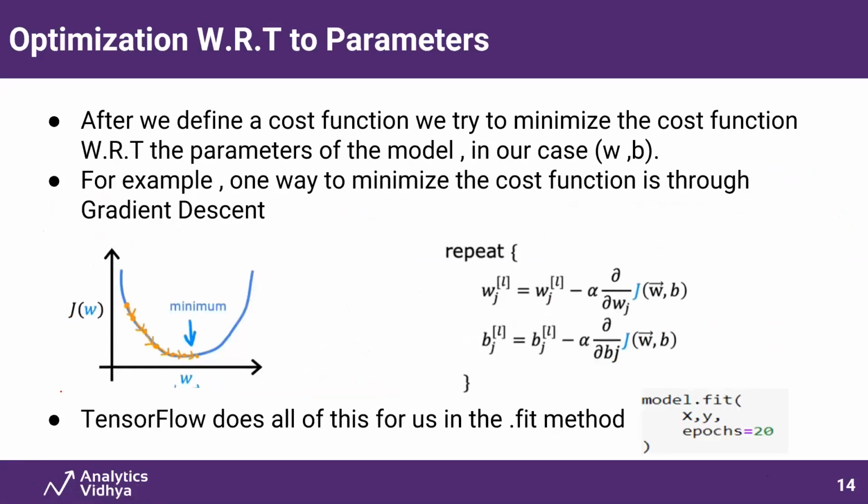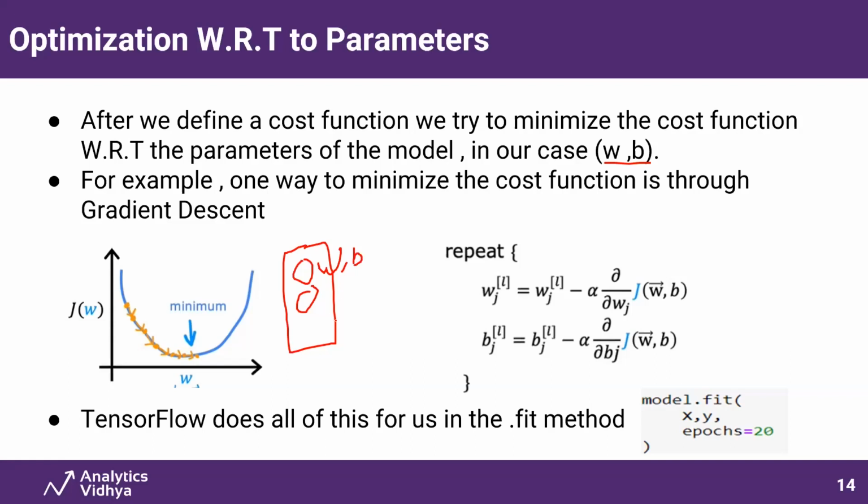Then the third and final step is optimization of the model. We have defined a cost function, and we try to minimize the cost function with respect to the parameters of the model. In our case, the model has parameters W and B. Each layer of a neural network has neurons, and each neuron has a W and B in it: W1, W2, W3.